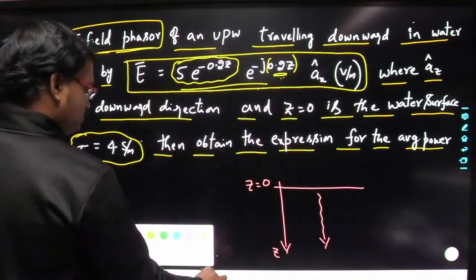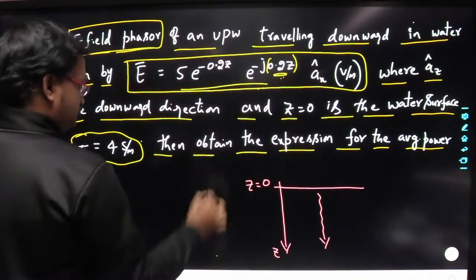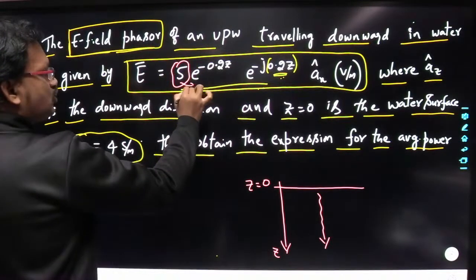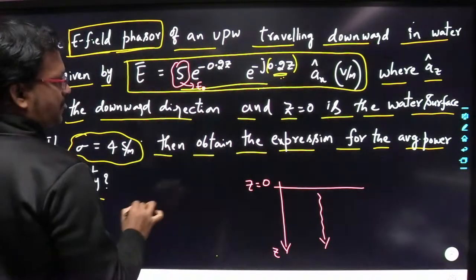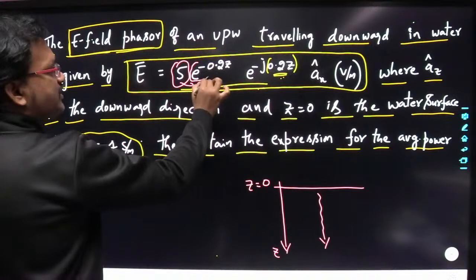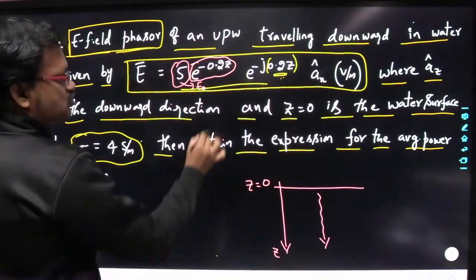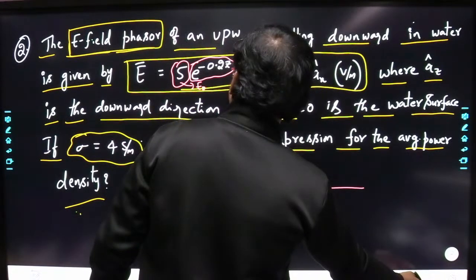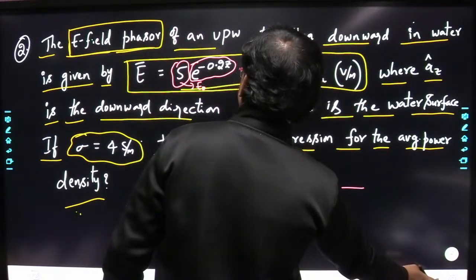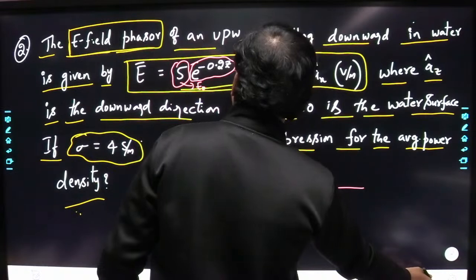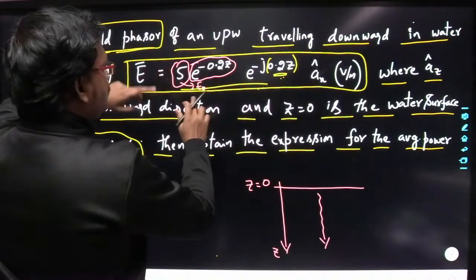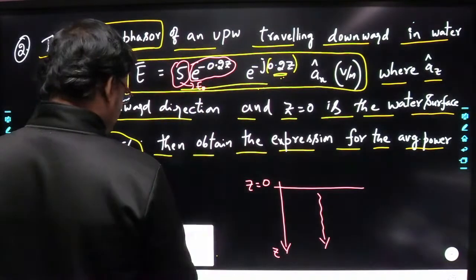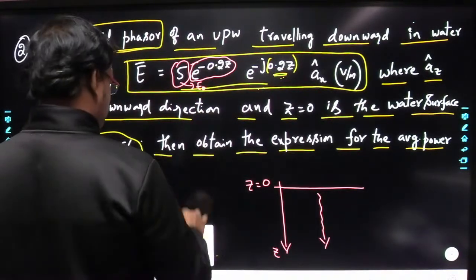Okay. So they have given here the E naught value, the peak amplitude of the electric field. And here they have given e power minus 0.2 z, which means they have given the alpha value also, yes or no?